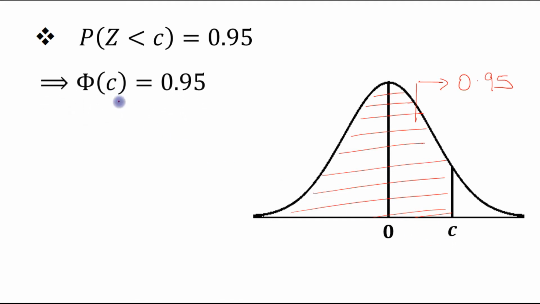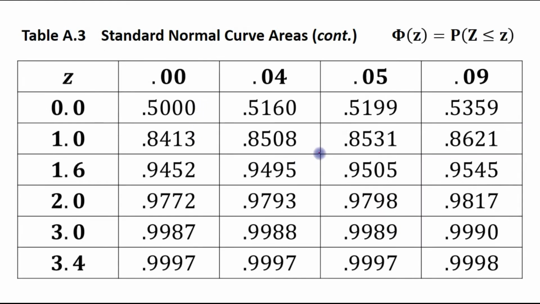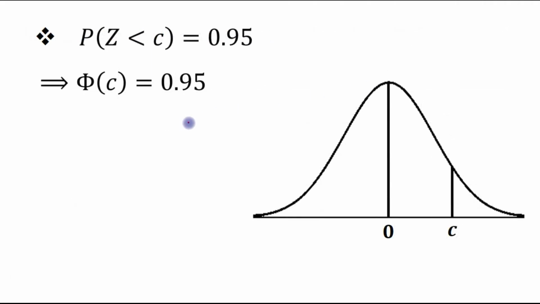In the next step we can write phi c equals 0.95, and now we will find the area in this table. So 0.95, I think the closest value to 0.95 is this one, 0.9495, but if we look at this value, this is also close to 0.95. So we will take the value of c as 1.645. In the next step we write c equals 1.645.